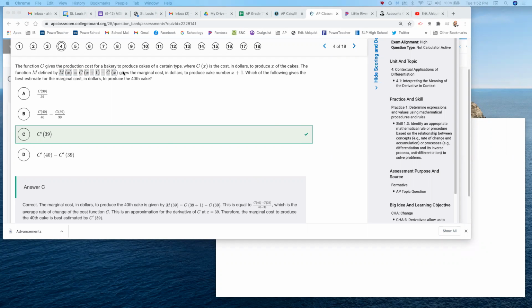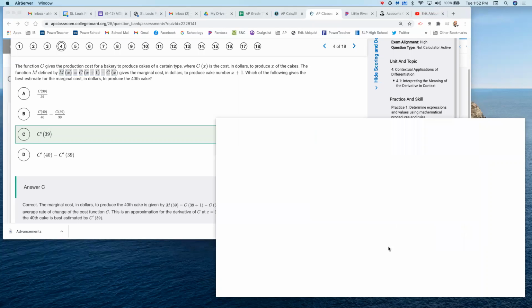Well, they don't use this formula. What they do is M of 40 is really equal to C of 40 minus C of 39.